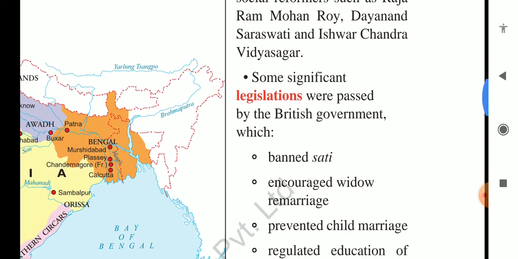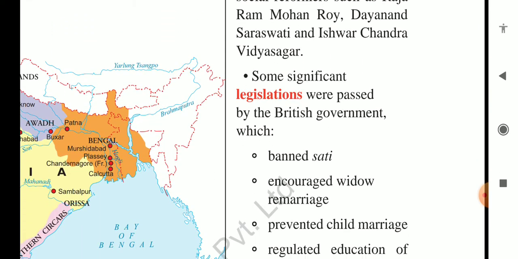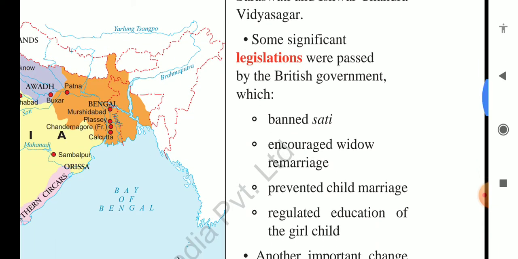Some significant legislations were passed by the British government. Legislations means laws. Some important laws were passed during that time, because Indian society was suffering from superstitions, which created disadvantages in society.